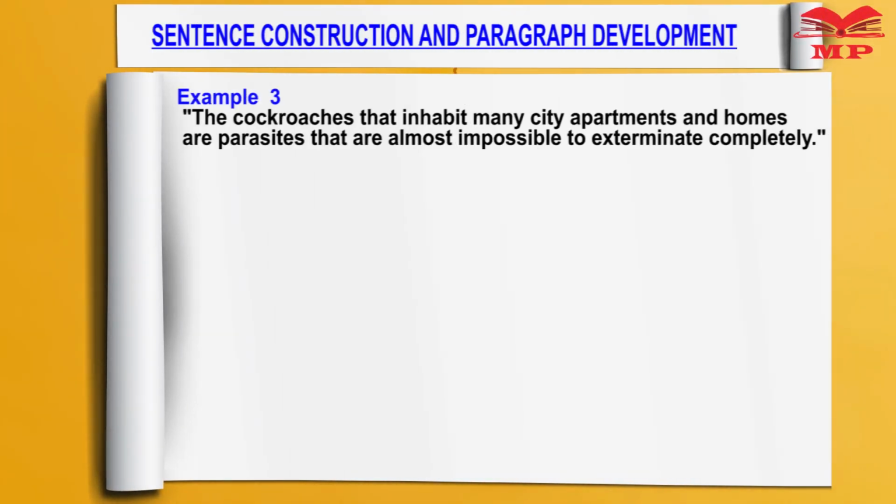And I have a general example here. Let me read it. It says that the cockroaches that inhabit many city apartments and homes are parasites that are almost impossible to exterminate completely. Now, candidates will notice that the topic sentence here is just on cockroaches.